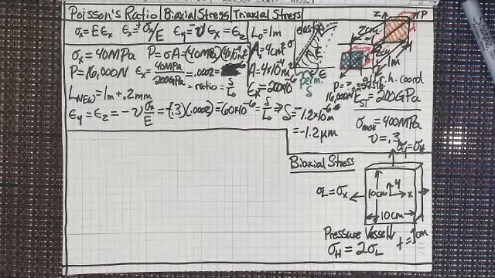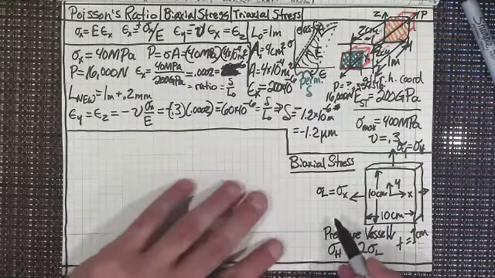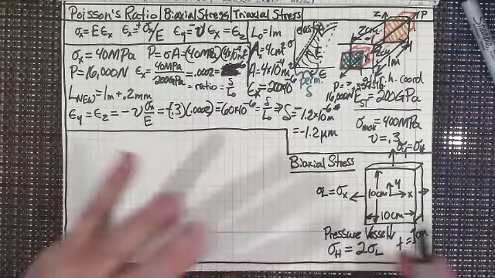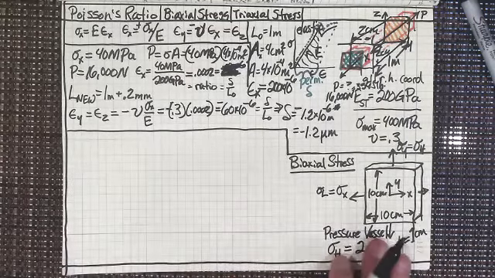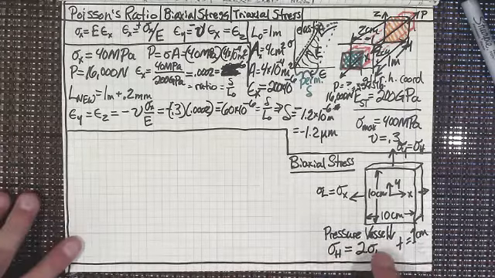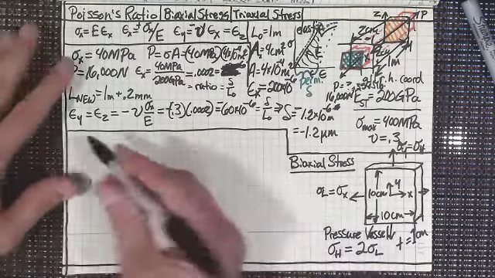The hoop stress always equals twice the longitudinal stress. And that's why, I'll explain that later when I derive it. But let's look at how this applies to this now.